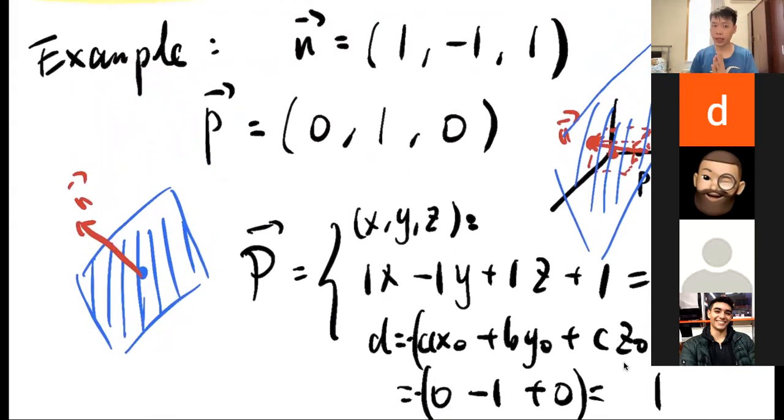X, y, and z means that you're taking arbitrary points in R3. An arbitrary point in R3 looks like x, y, and z. So the A, B, and C, you just plugged in from the normal vector. Normal vector, exactly. A, B, and C. And this is x0, y0, and z0.